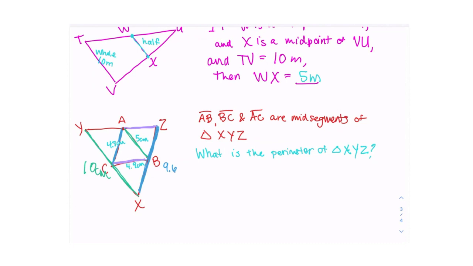So this is 4.9, then that means this whole side right here is 9.8 centimeters. And then just like Emily's doing, you do 10 plus 9.8 plus 9.6, and you get 29.4 centimeters. Got it?